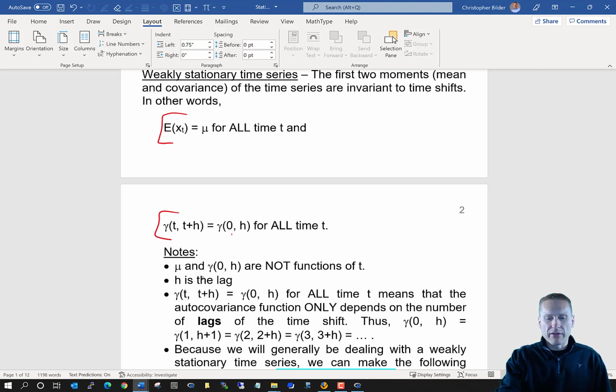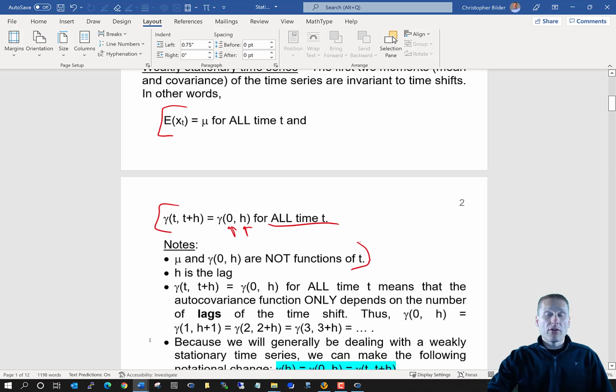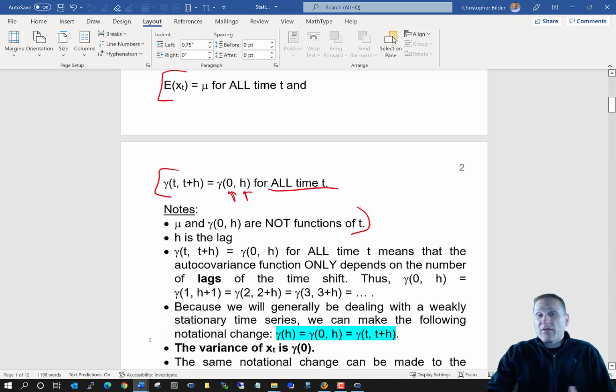So in this particular case, I showed 0 and h. The key is this is for all t, all time points. So what this means is that the mean and the autocovariance are not functions of t. They're always going to be the same as long as we have, at least with the autocovariance, that h lag time shift.